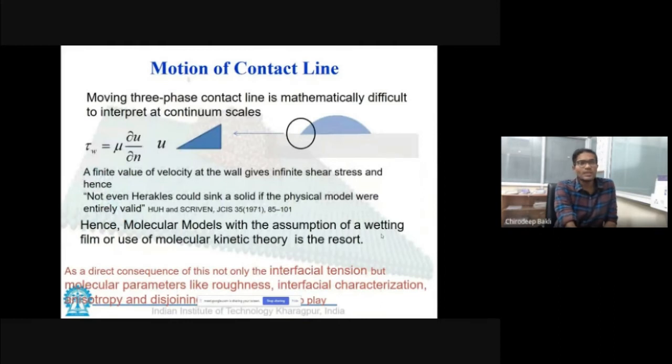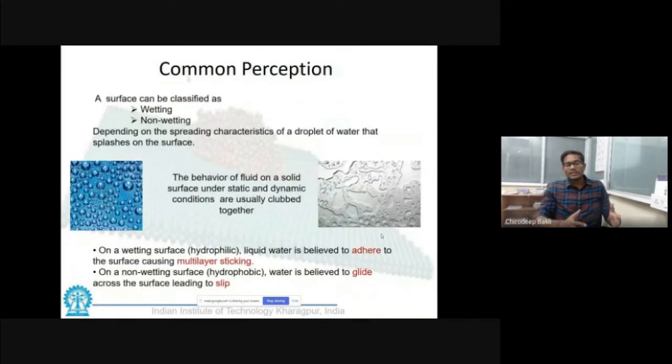So now at this point, let us quickly go and formally explain the concept of wettability. The common perception of wetting and non-wetting is the amount of spread that a droplet would have on a surface. As you can see on the left hand side, it is a surface which is non-wetting.